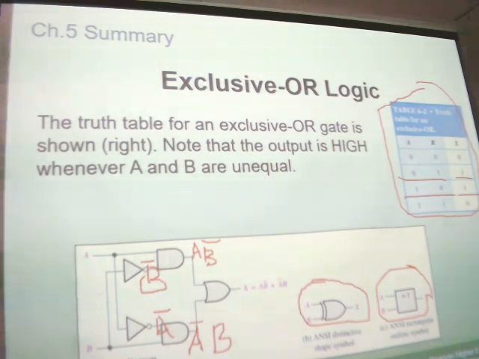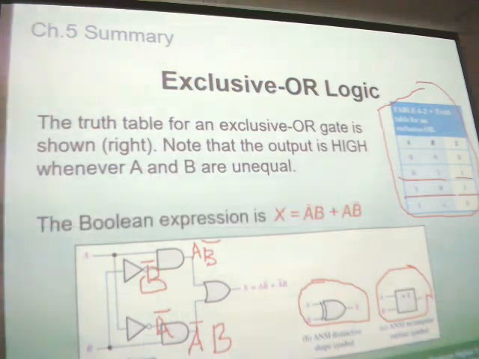We can find the symbol on page 151. This is also in chapter 2. So the Boolean expression of exclusive OR logic is A bar B plus A B bar.